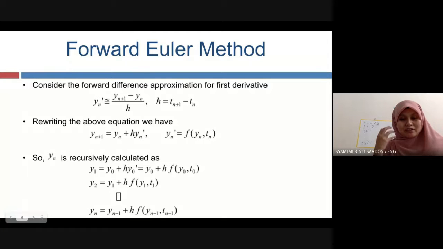If you try to imagine what this Euler method is for, we are doing a prediction for the experiment or any analysis that we're going to run. We're going to predict what's going to happen.